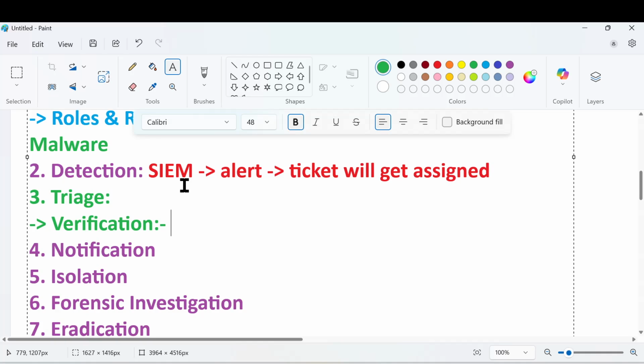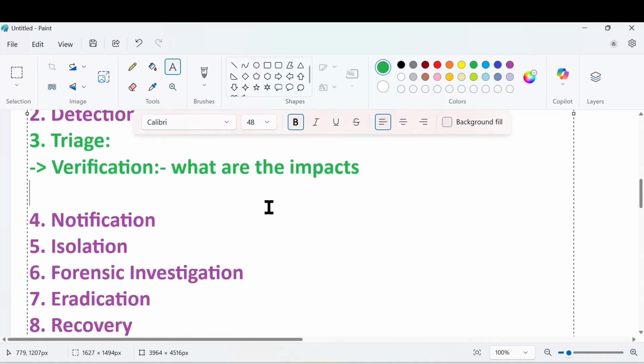That is why first we perform the verification, where we verify what the impacts of that particular incident are in your organization, like the reputational impact, operational impact, financial impact, the legal impact, and many more. Once we verify that, yes, it is really an incident, as well as the impacts which our organization has to face because of it, then they will be moving into categorization.